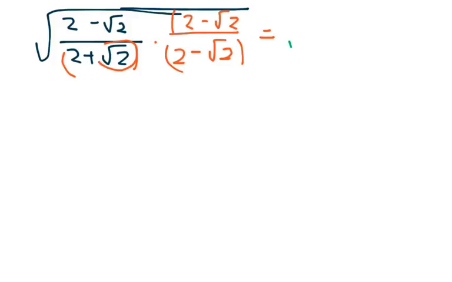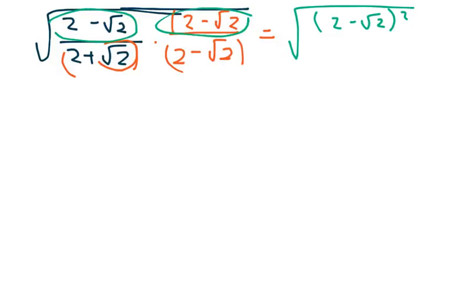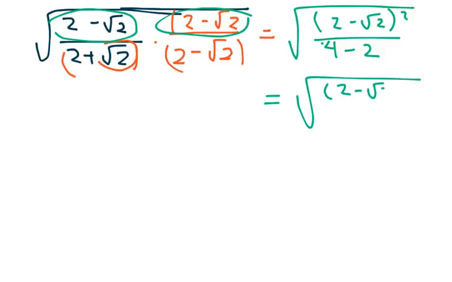Now, I'm going to clean this up, and at the top we have 2 minus root 2 squared, because I have two of these, 1, 2. The denominator is just going to yield 2, because this is going to be 4 minus 2. So we're going to get 2 minus root 2 squared over 2.